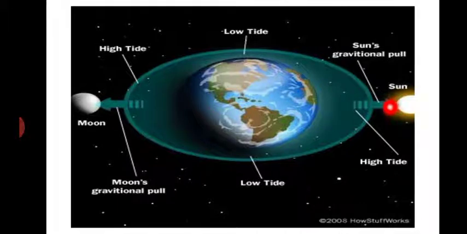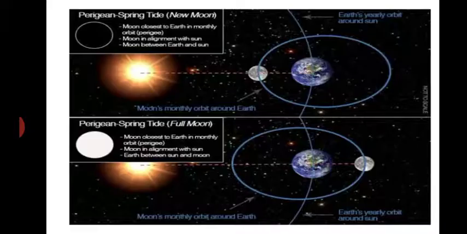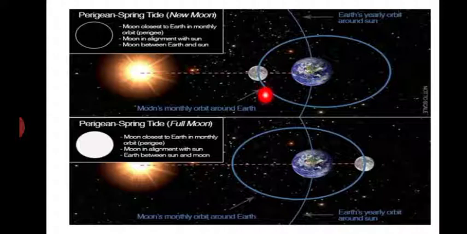During the full moon day the gravitational pull will be much higher than on the new moon day. Compared to this one, in the new moon day the gravitational pull will be lesser as compared to the full moon day.